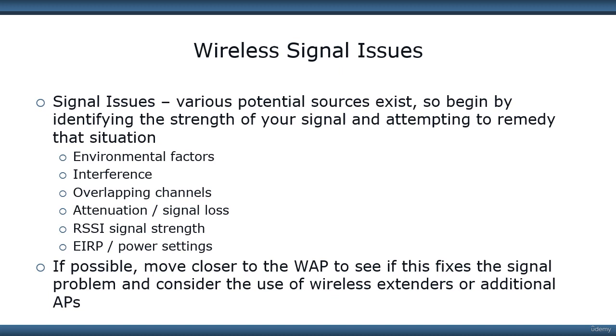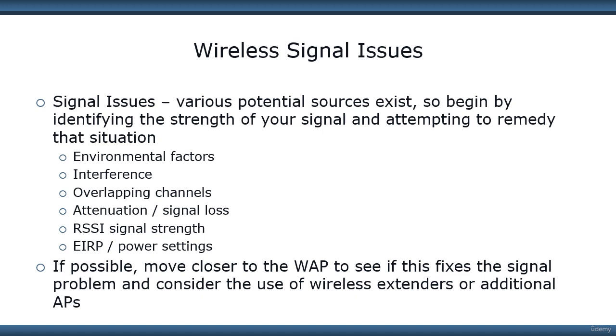I've found that older houses, multi-storied older houses, or multi-storied older business buildings can suffer from signal degradation that doesn't exist in other places. So keep in mind the environmental factors. Interference of other electrical equipment, and certainly interference of other wireless access points and wireless networks, is something that you definitely want to consider.